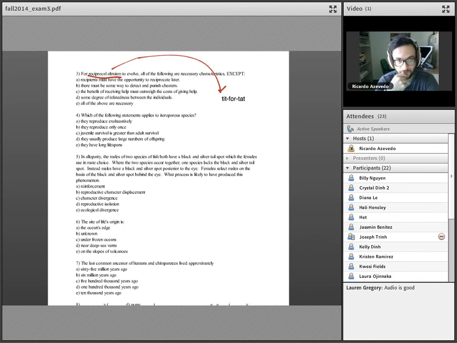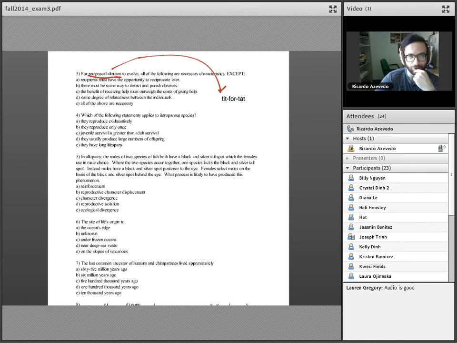So it's not about long-term benefits. It's not about benefiting the next generation. It's not about the gene pool. It's simply an interaction between two actors, a bidirectional relationship, where both of them help each other at different times.